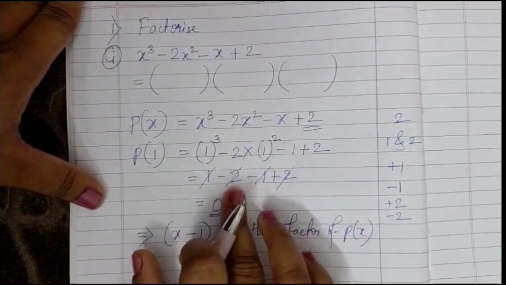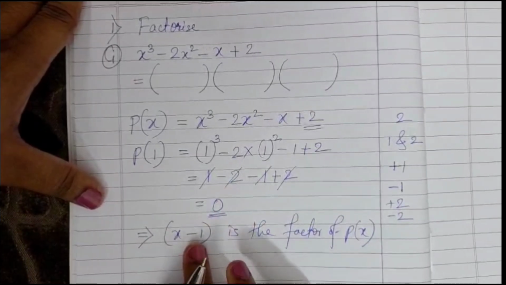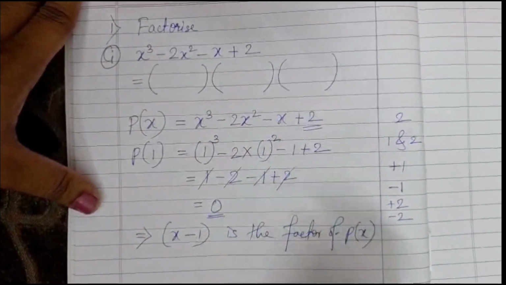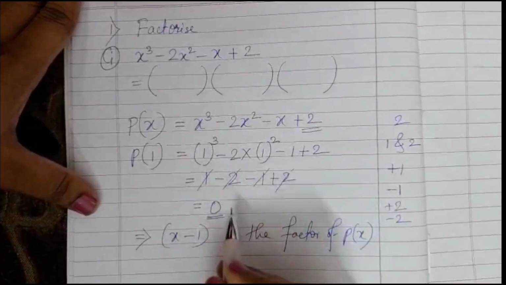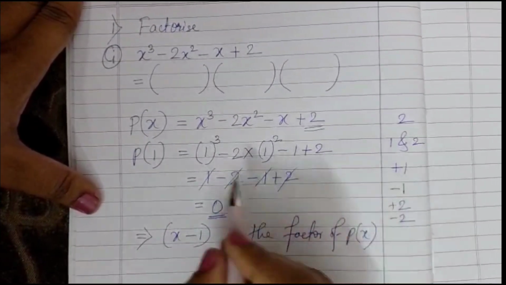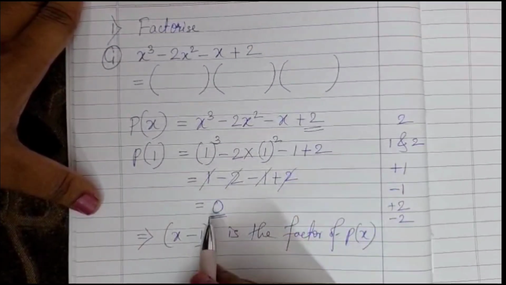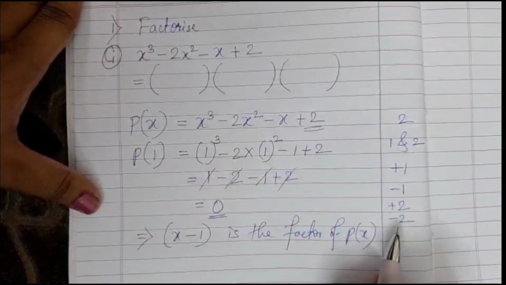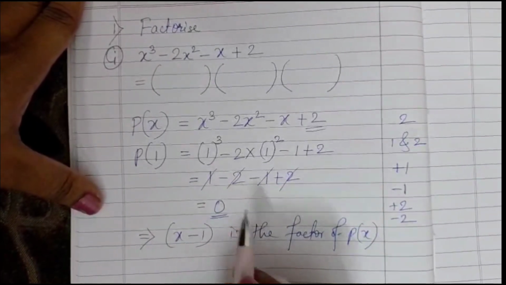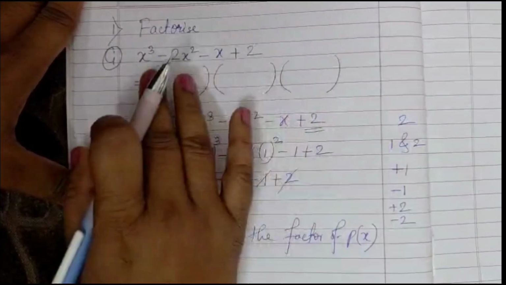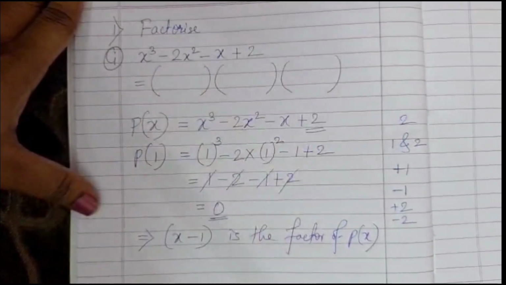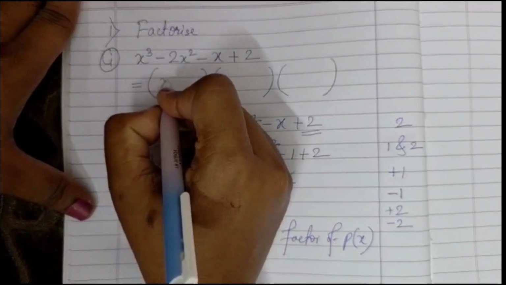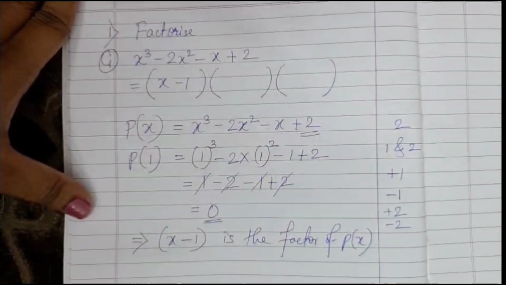If plus 2 gives you 0, then x minus 2 will be the factor of P of x. If plus 1 gives you 0, then x minus 1. Minus 1 giving 0 means x plus 1. Plus 2 giving 0 means x minus 2. And if minus 2 gives you 0, then x plus 2 will be the factor of the given polynomial P of x. Now we have got the first linear factor.